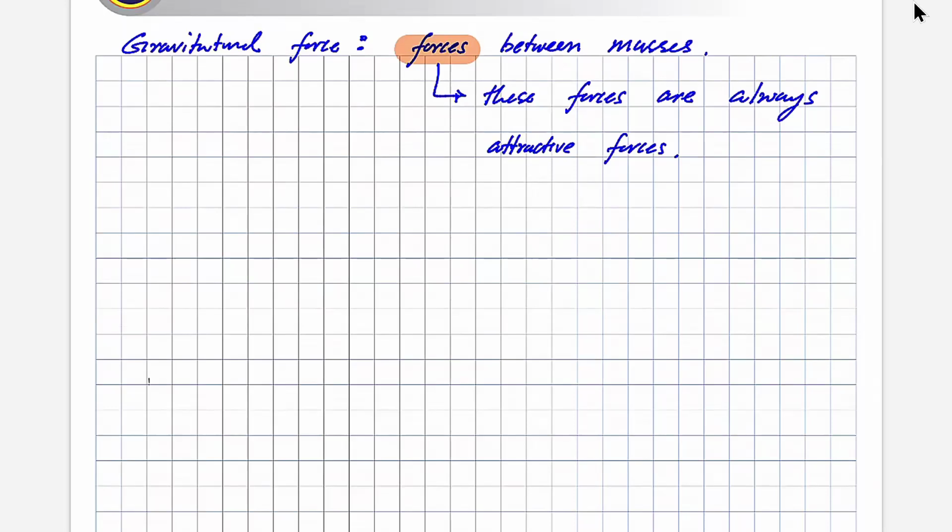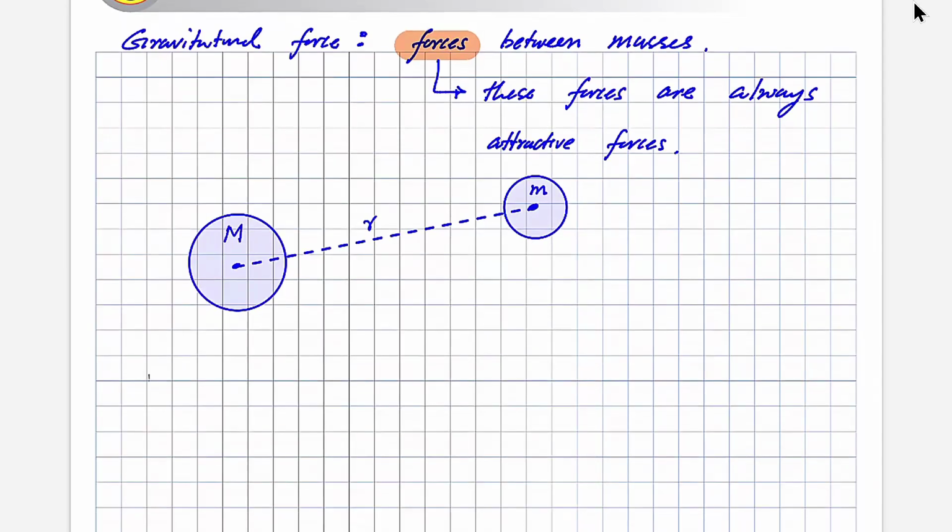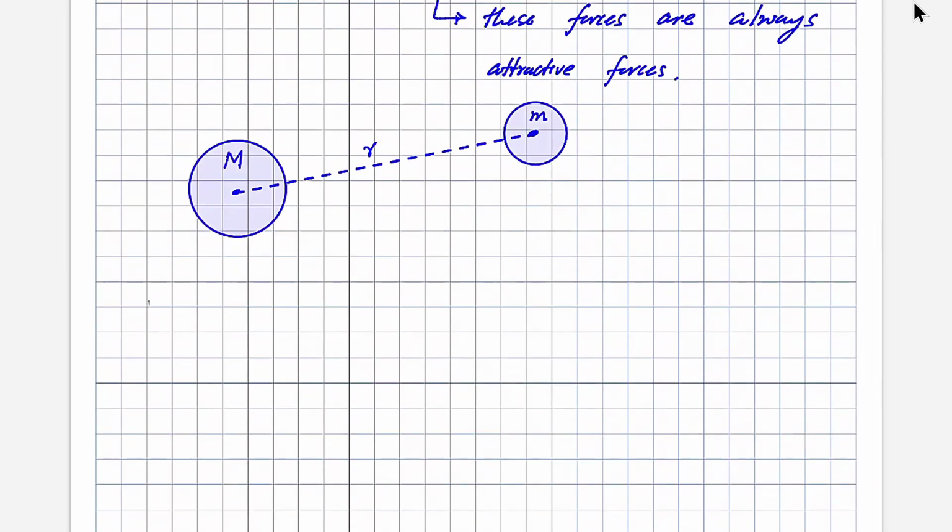Right? So according to this, suppose you have a mass like this. You have a mass like this here. Now you have distance r. R distance is from center to center. And this mass is going to be m. This mass is going to be simple m. Right? So this is the distance between two masses.